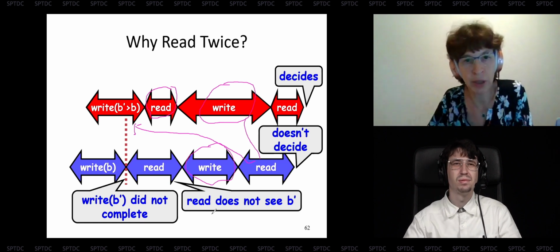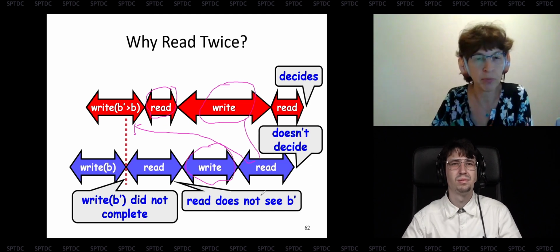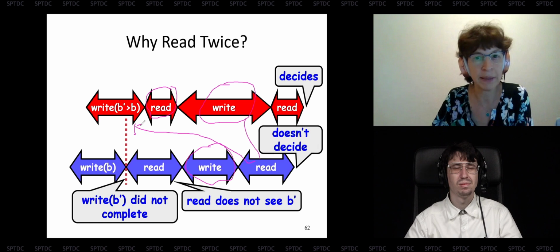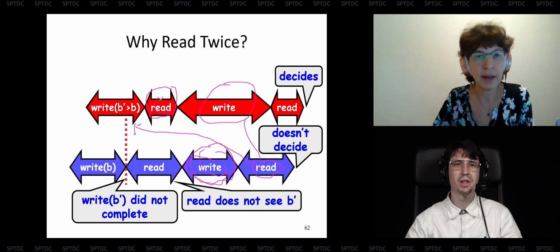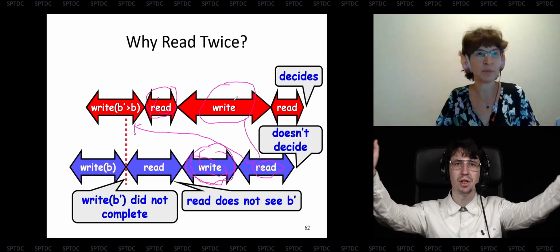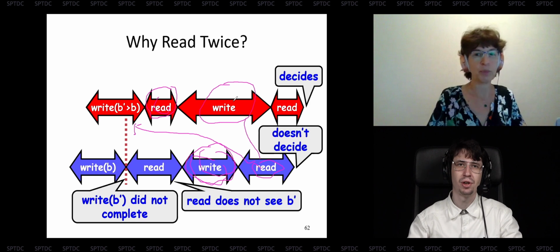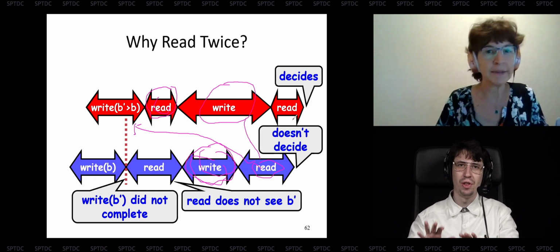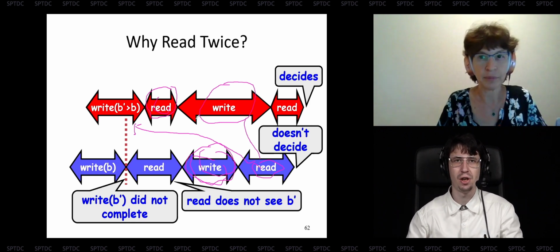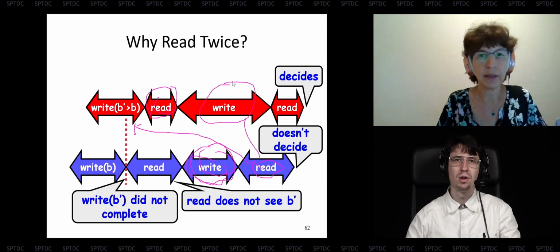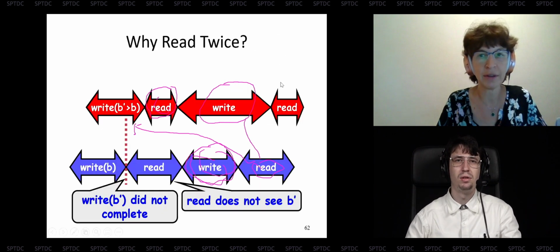But if the last read does not see this write, then this read will see this write. This write kind of commits the information that it has chosen its value. Yes, it makes sure that it sees it.